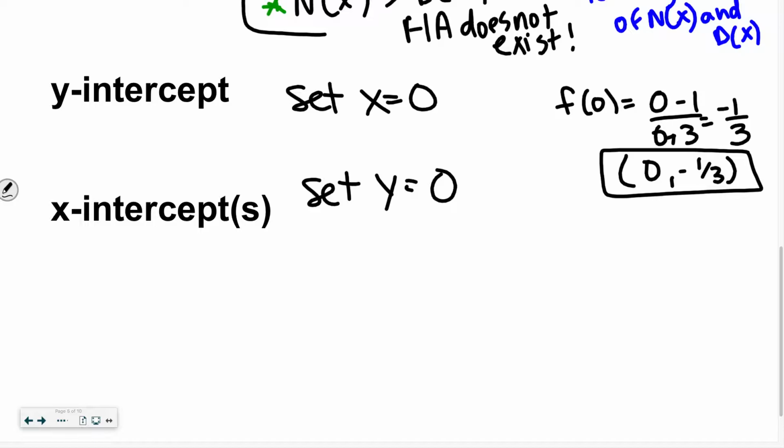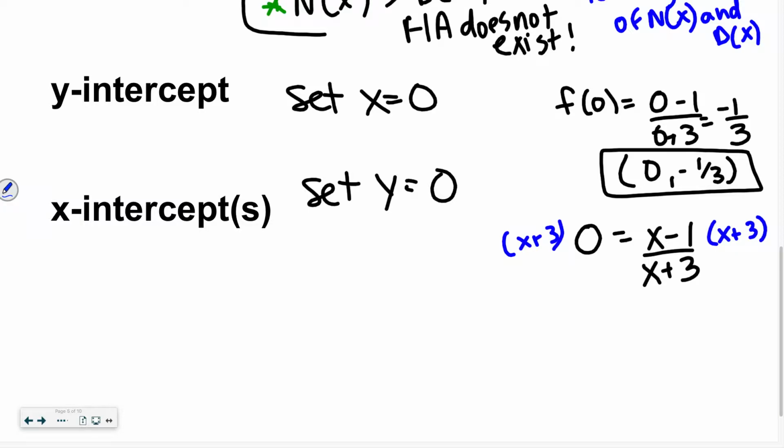And then for x-intercept, set y equal to 0. So I'm going to say 0 equals x minus 1 over x plus 3. There's different ways to go about solving this one, but probably a lot of people would say, I want to get rid of the x plus 3 in the denominator, so let me multiply both sides by x plus 3.